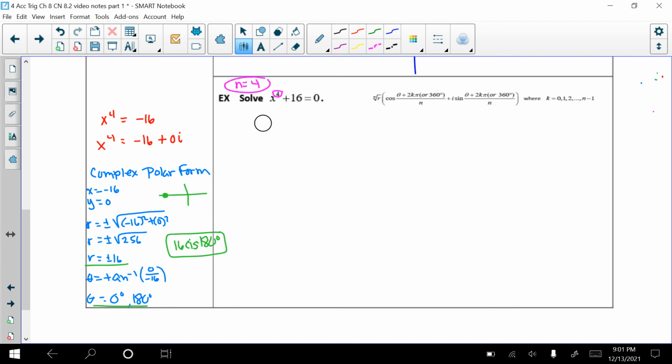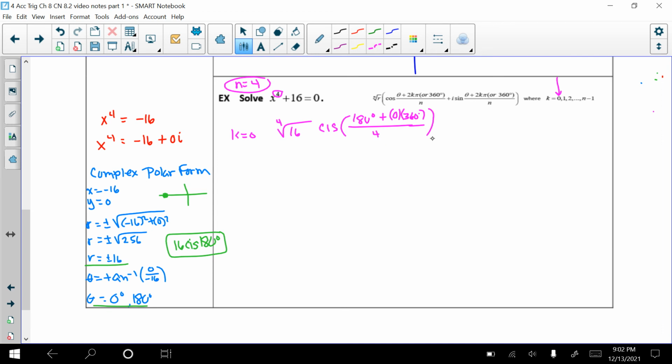So, let me also remind you, first time through, k equals 0. So, nth root, fourth root, r was 16. I'm going to use my shorthand notation, cis of theta, which we had as 180 degrees, plus k times 360 degrees, all over the n value 4. K was 0.